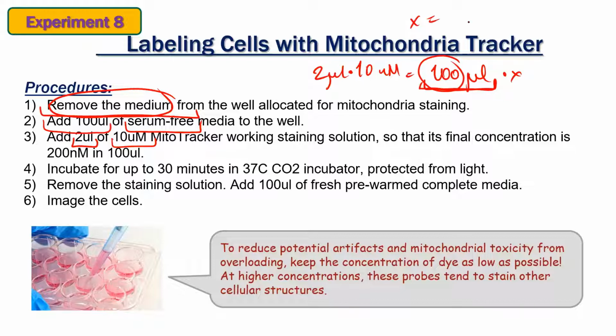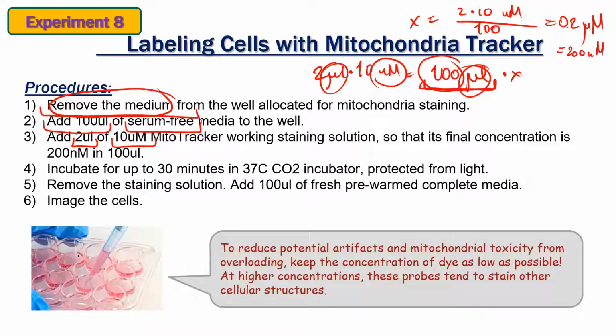So the X solution here would be 2 times 10 micromolar divided by 100. The microliters cancel each other, and we're left with micromolar. And of course, 20 divided by 100 is 0.2 micromolar, or 200 nanomolar concentration. So this is where you get these 200 nanomolar from.